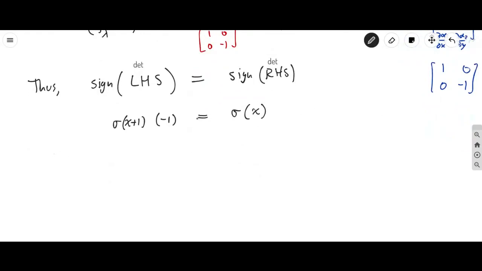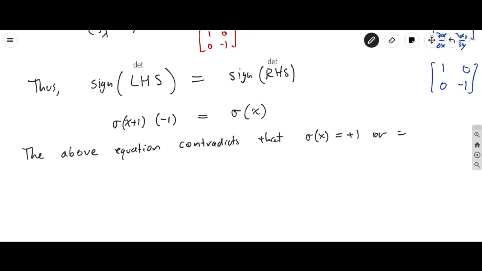So this contradicts. So this is true, the above equation contradicts that sigma at x is either plus 1 or equal to negative 1 for all x.